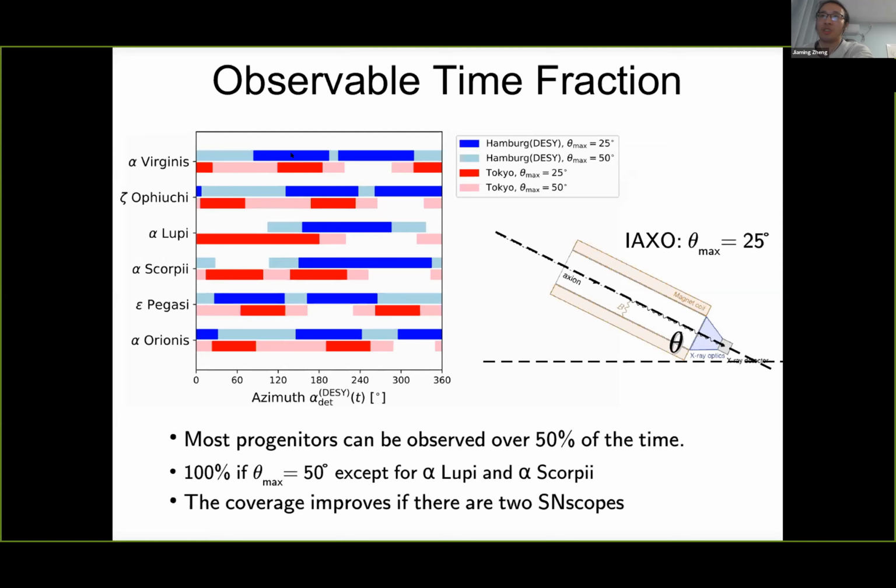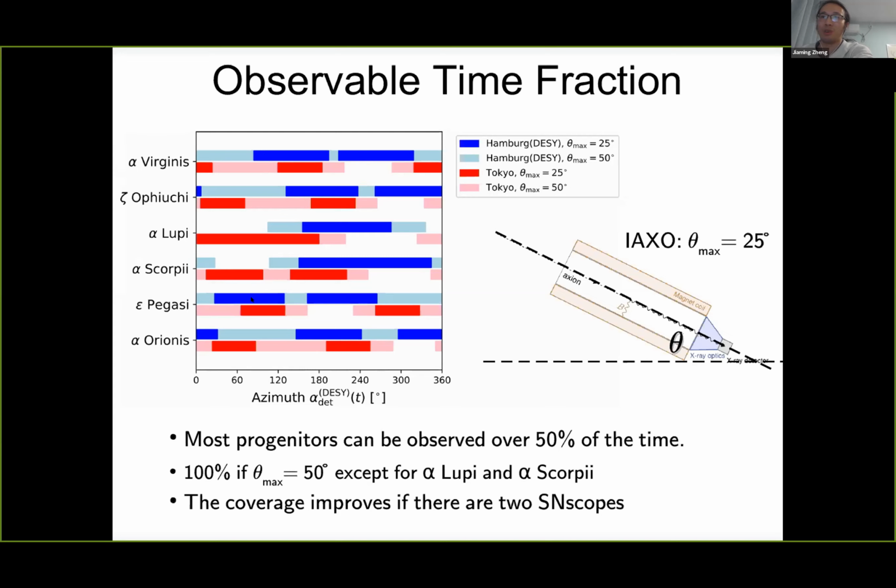And this is shown in the dark blue region. We see for most of the supernovas, IAXO will be able to point at them 50% of the time in a day. And if there is some mechanical upgrade to IAXO so that this rotation angle can be increased to 50 degrees, then the region will increase to the light blue region, which is 100% for 4 out of the 6 candidates.